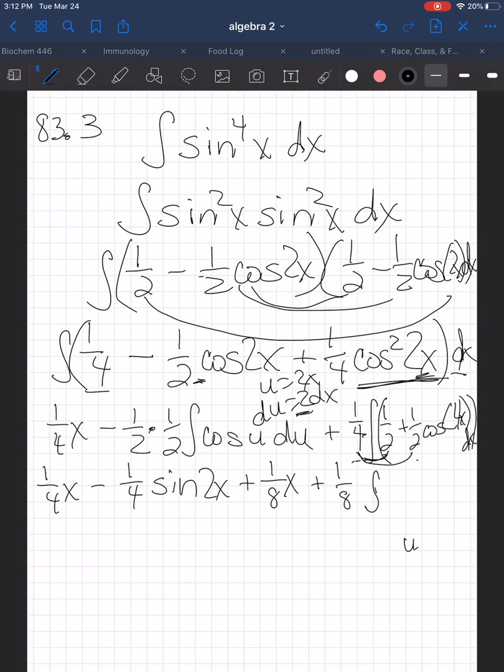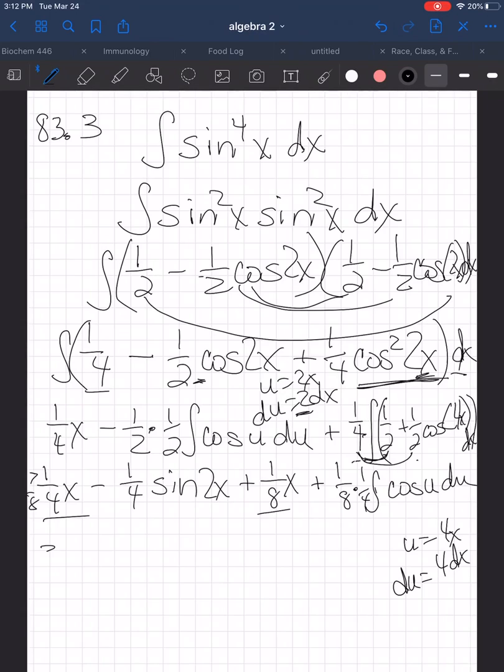So here we got u is 4x, du is 4 dx. So we have to multiply by that 1/4 again. And then that's the integral of cosine u du. All right, so we've got a 1/4 and a 1/8. That's 2/8.